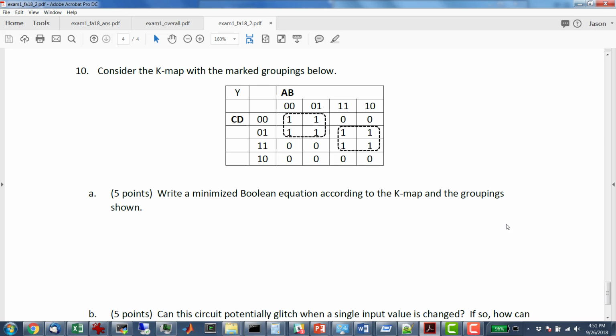So it'll be impossible to change just one input. It will be impossible to flip one input and have it cross the boundary between two K-map groupings, right? So adding this term, which is kind of redundant from a Boolean point of view, will prevent the glitch, the little momentary lapse. Yes?